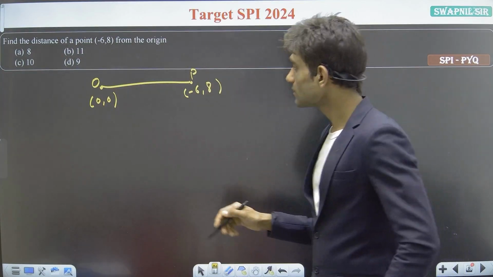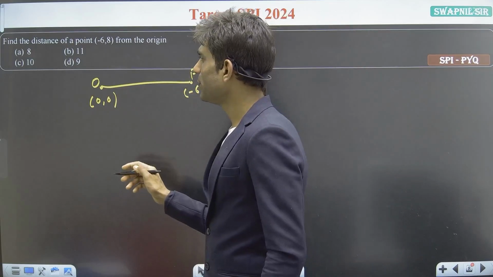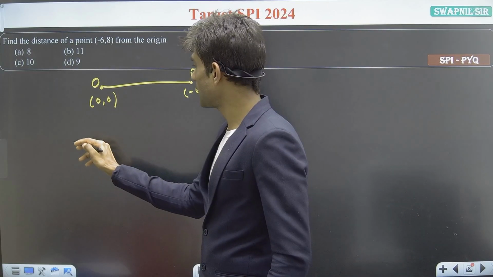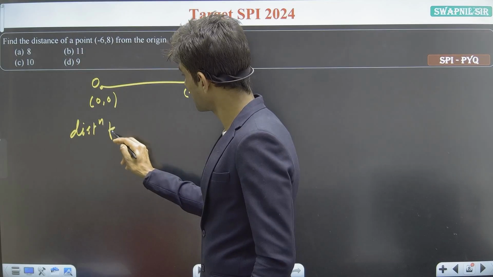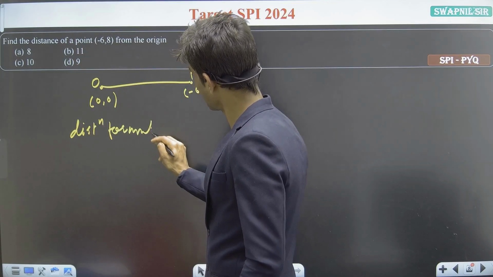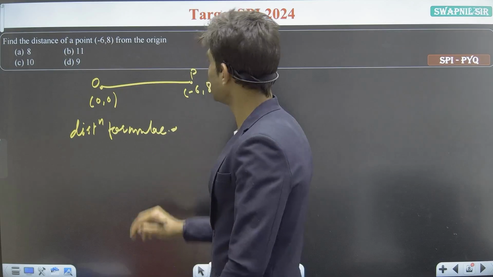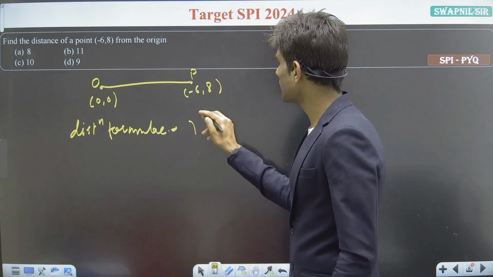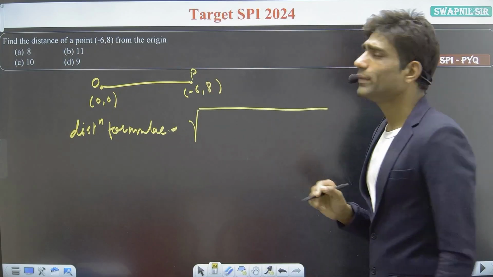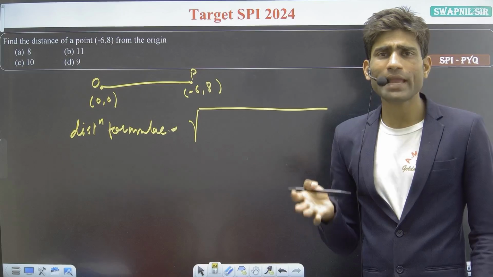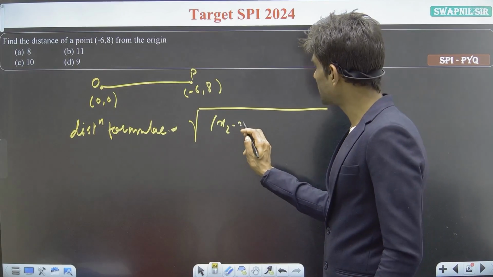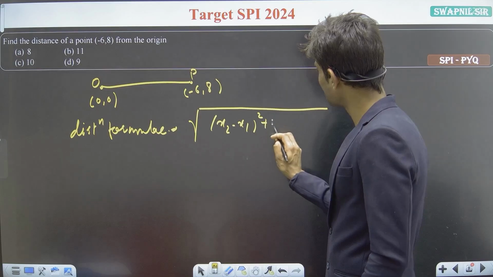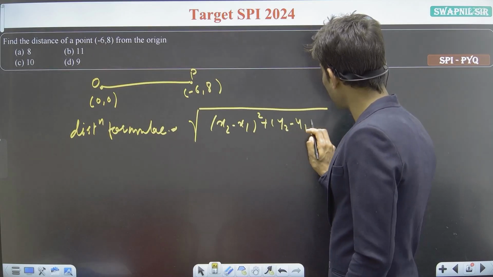So from point O to point P, we find the distance by using the distance formula. If we have to find the distance between two coordinates, we write the square root of x2 minus x1 bracket square plus y2 minus y1 bracket square.